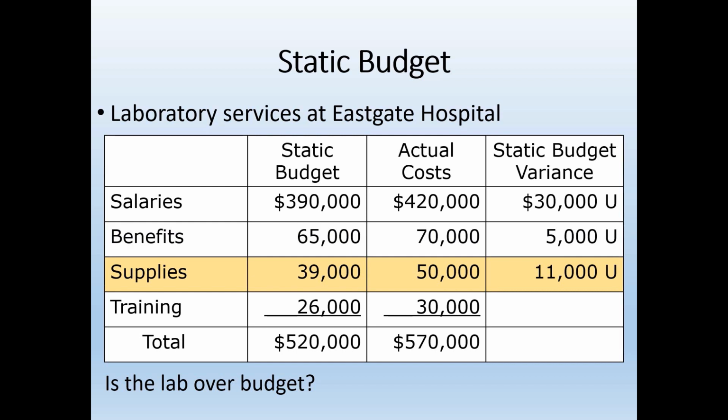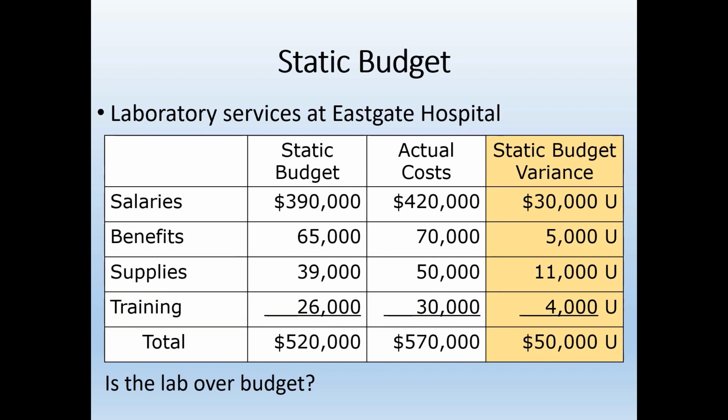Supplies actually cost $11,000 more than the static budget amount, so that's also unfavorable. And training cost the laboratory $4,000 more than the static budget amount, so that is unfavorable as well.